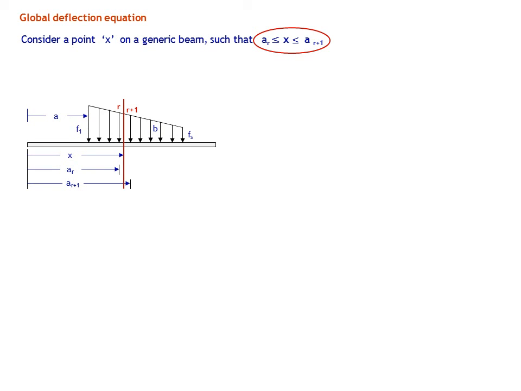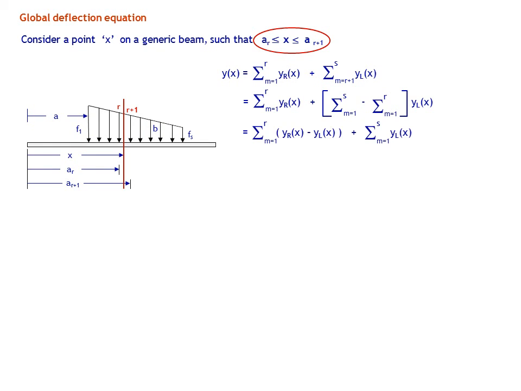The principle of superposition lets us write the deflection at point X as the sum of deflections YR of X caused by point loads to the left of X plus the sum of deflections YL of X caused by point loads to the right of X. The sum from R+1 to S can be written as the sum from 1 to S minus the sum from 1 to R, which gives us two terms with sums from 1 to R, which we can combine, leaving a single 1 to S summation.